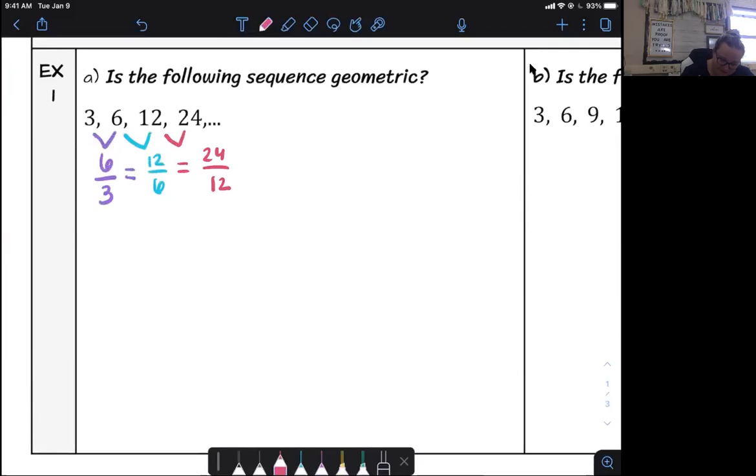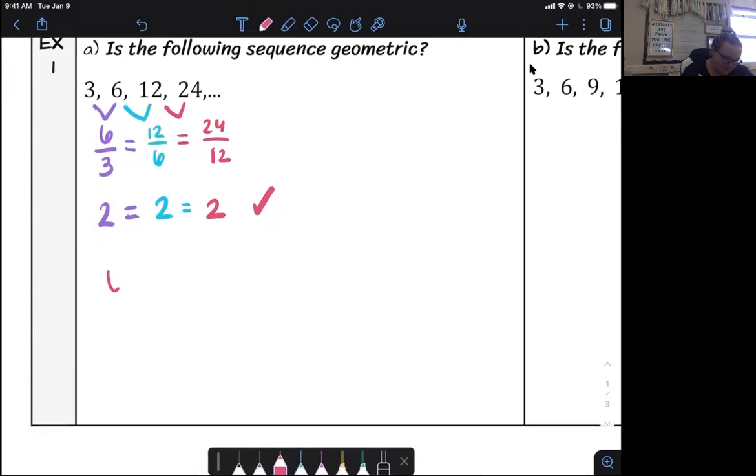Well, 6 divided by 3 is 2. 12 divided by 6 is 2. And 24 divided by 12 is 2 as well. So because each term divided by its previous term is the same, that means we do have a geometric sequence, which means our common ratio is 2.